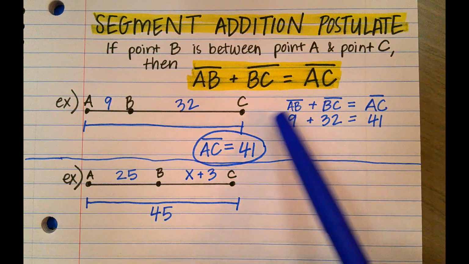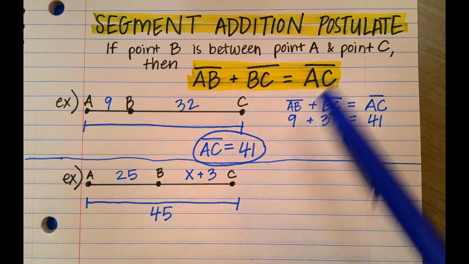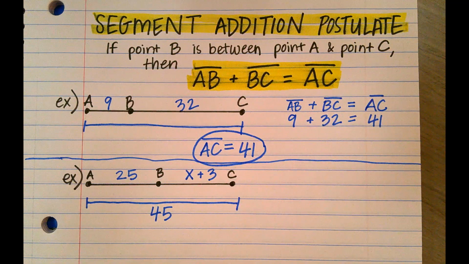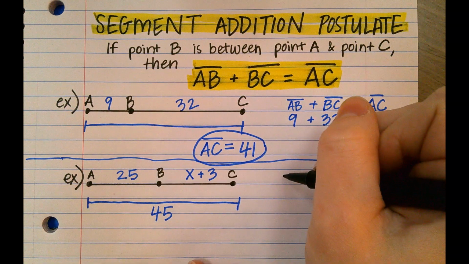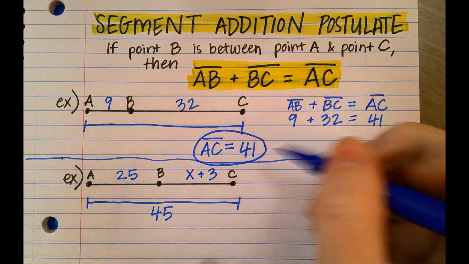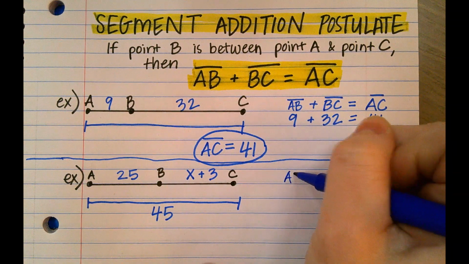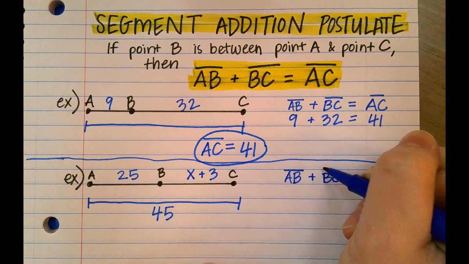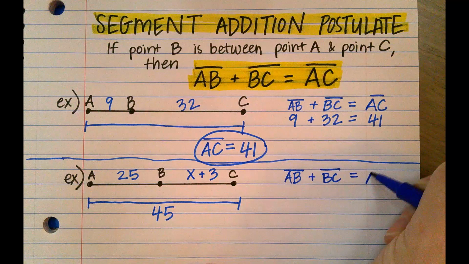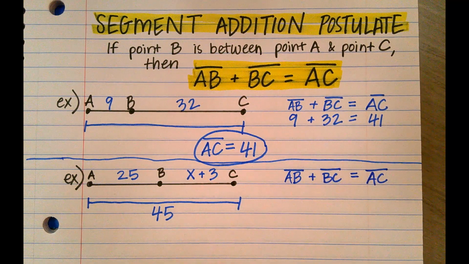So I'm still going to use the AB plus BC equals AC. I'll let you guys kind of copy that down first if you need to. I'm just going to copy that formula down. AB plus BC equals AC.